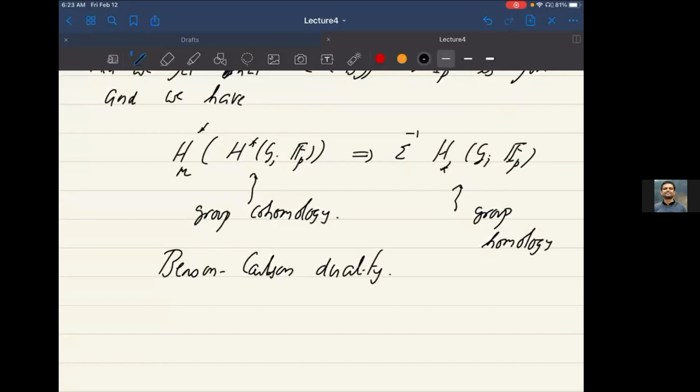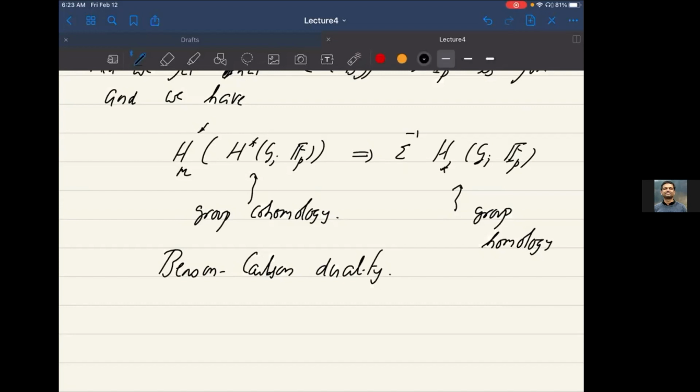It would be meaningless for me to try and jump into the technical details of this. This does have applications to computing the Poincaré, the Hilbert series of the group cohomology of a finite group.